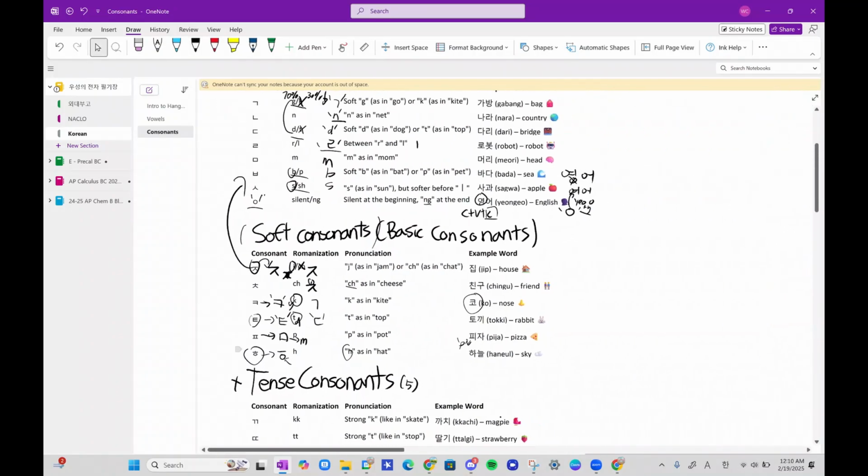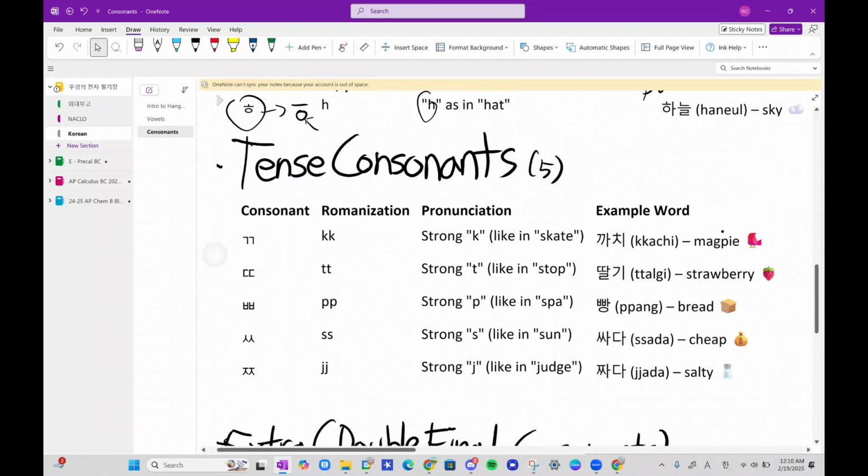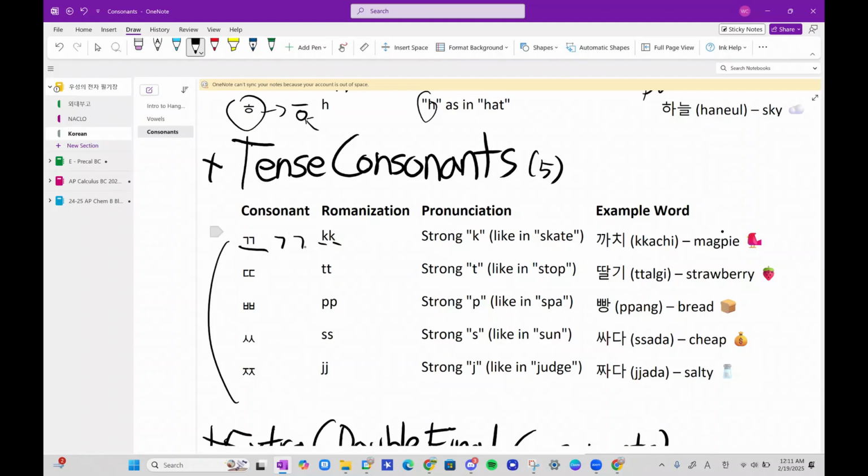And then we have the five additional tense consonants, which are basically putting two consonants together, reiterating two times. By putting them next to each other, you double the strength of the letter. So for example, this one is g, this one is g as well.